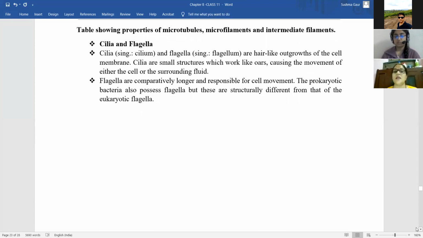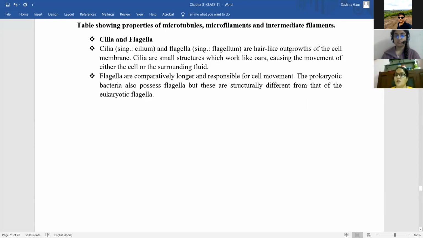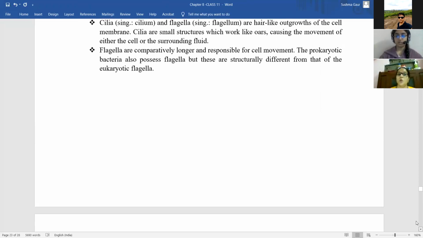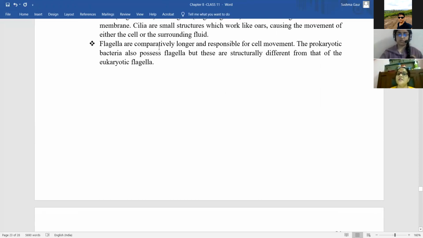They are small structures that work like oars, causing the movement either of the cell or of surrounding fluids. As we know, cilia and flagella are responsible for movement, for locomotion in Plasmodium and amoeba as well. The flagella are comparatively longer and responsible for cell movement. Prokaryotic bacteria also have flagella, but they are structurally different from eukaryotic flagella. What is the function of cilia?